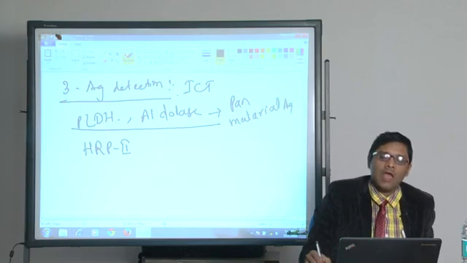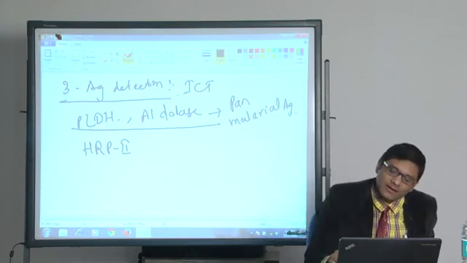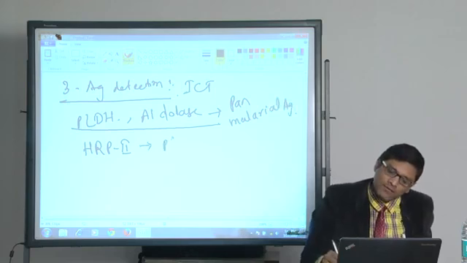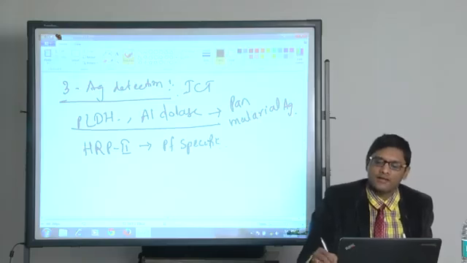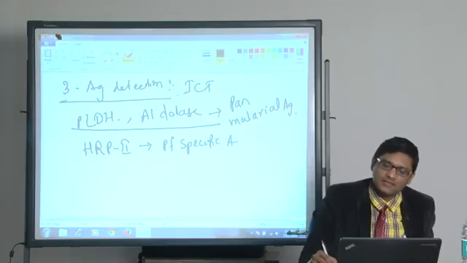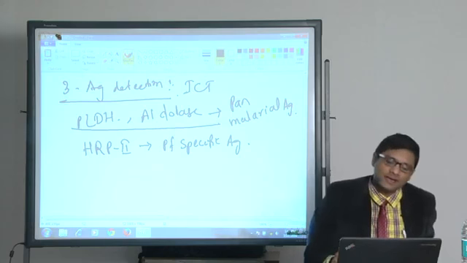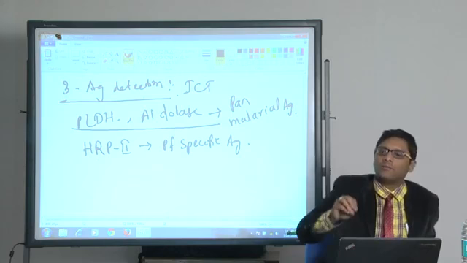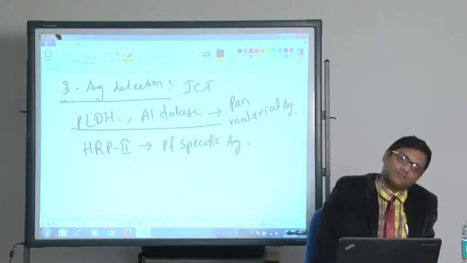They are present in all the species, whereas histidine rich protein 2 is PF specific antigen. It is present only in Plasmodium falciparum. So if histidine rich protein 2 is positive, that means it can confirm that it is Plasmodium falciparum.